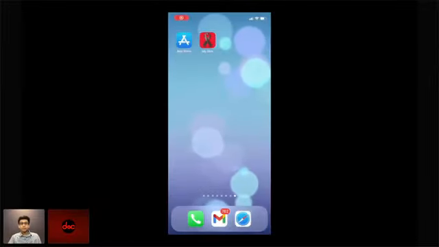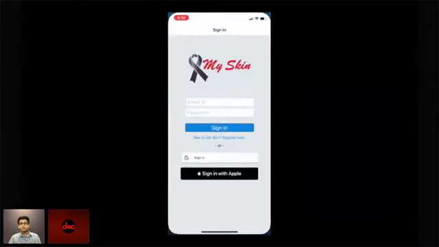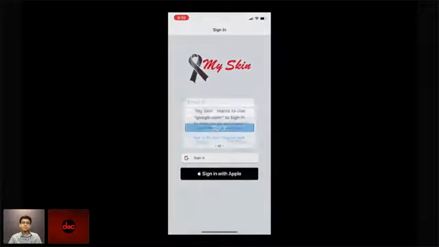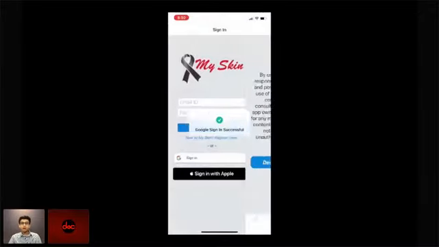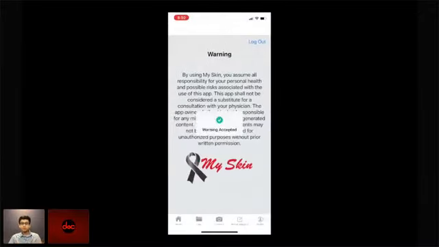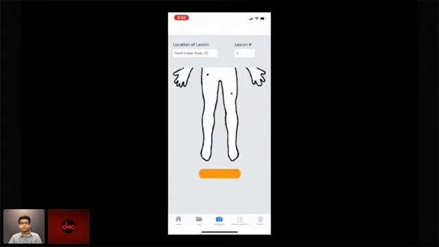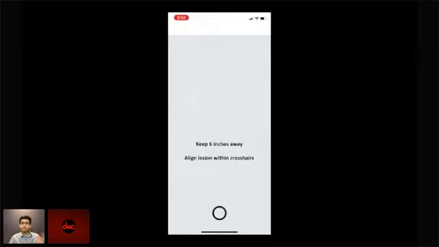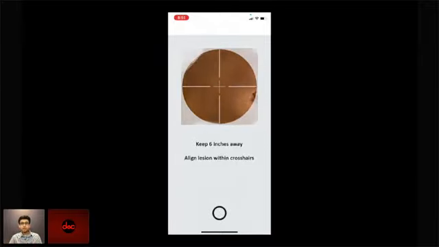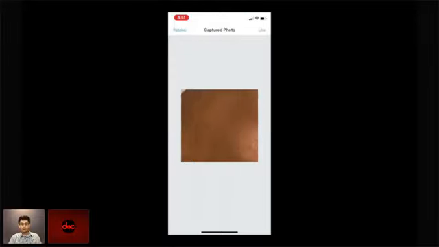So the MySkin app does inferencing and computer vision running for melanoma skin cancer. A lot of different machine learning models and computer vision models are used in the app to identify melanoma skin cancer and also not melanoma skin cancer. When you click camera, you can take a photo of my arm here.